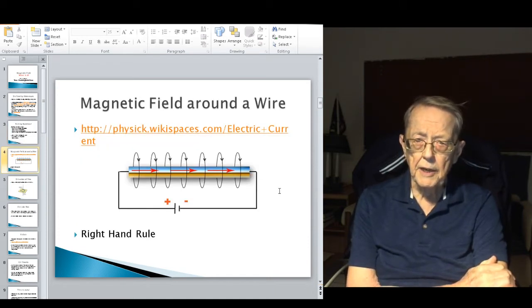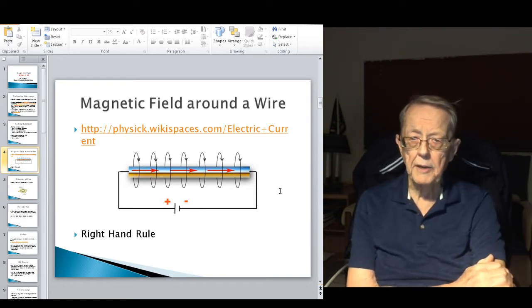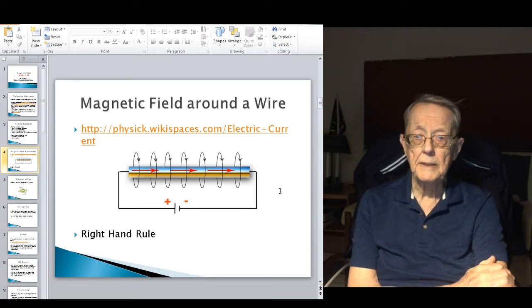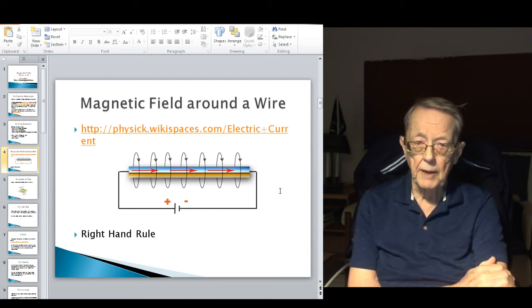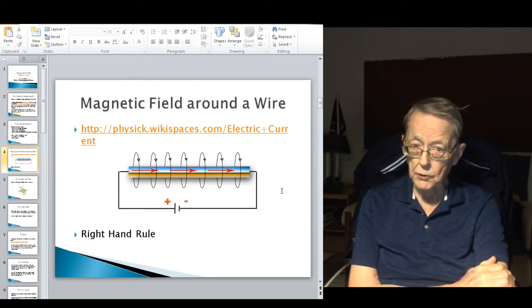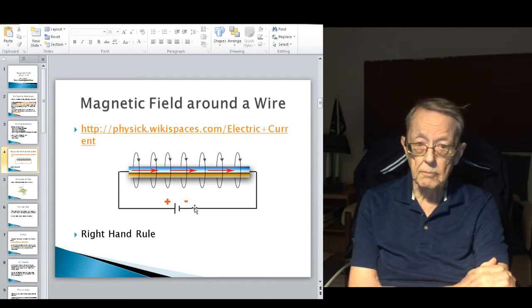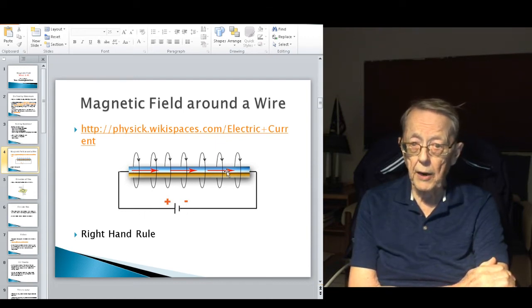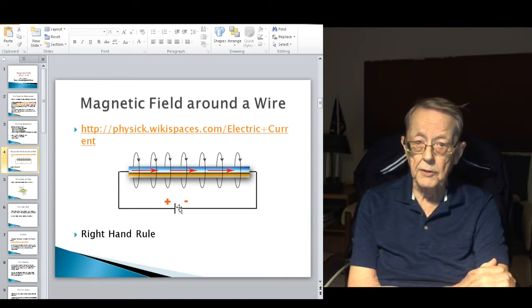But here is a drawing of a battery and a wire and a magnetic field around the wire, taken from the link shown. And this particular diagram shows the right-hand rule because out of the battery we have positive current flowing this way, out of the positive side of the battery through the wire, back into the negative side.